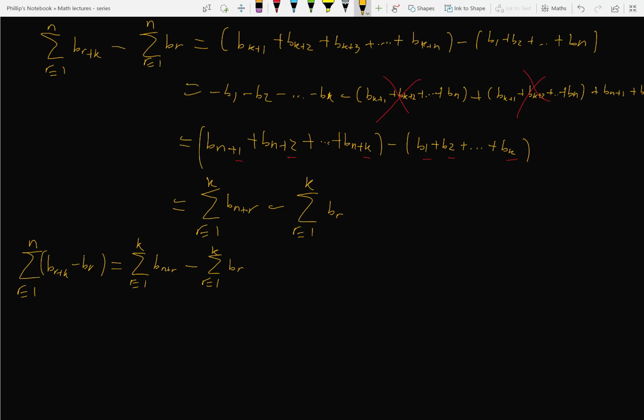So whatever k is, k is going to be a set term, k might be 20, whatever, we're going to be summing k terms rather than n. So this here is summing n terms.